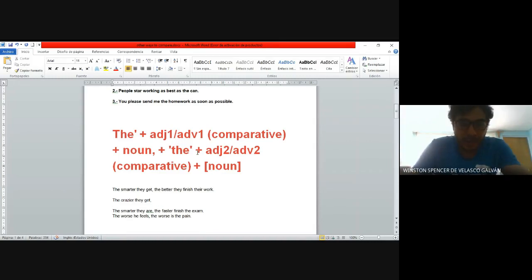Ahora fíjense, necesito utilizar otro ¿qué? Otro comparativo. The crazier they get, the worse they behave.